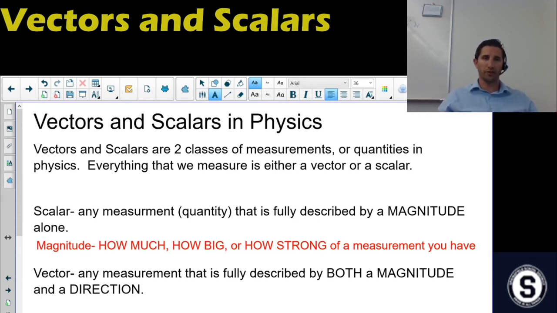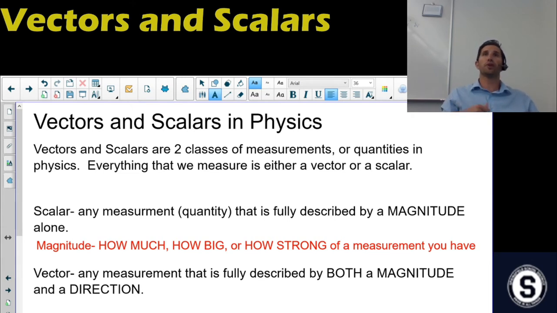And then a vector is any measurement that's fully described by both a magnitude and a direction. So the key difference here is that scalars don't have a direction and vectors have direction. In order to fully describe that measurement, you need both an amount and a direction.